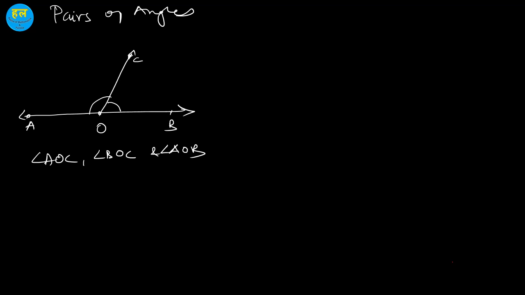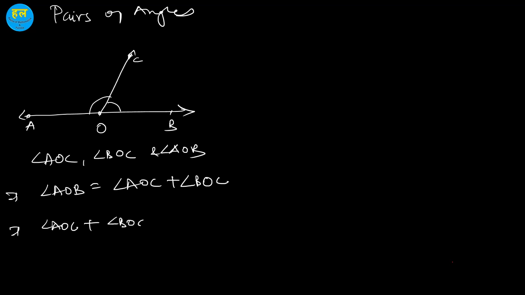We can write this as angle AOB is equal to angle AOC plus angle BOC, and if and only if angle AOC plus angle BOC is equal to 180 degrees, then angle AOB will be equal to 180 degrees.